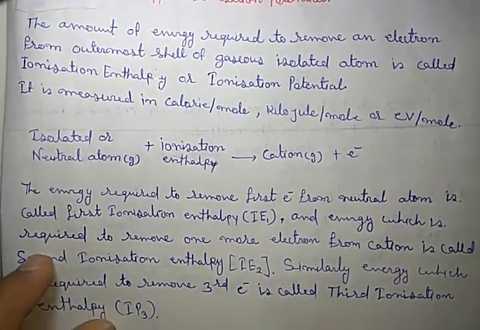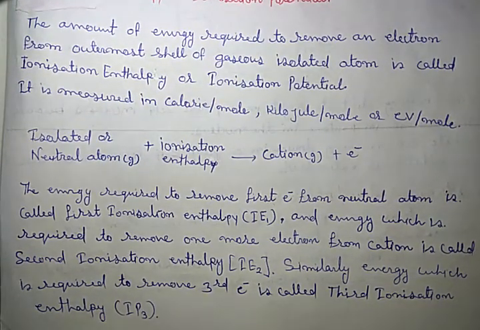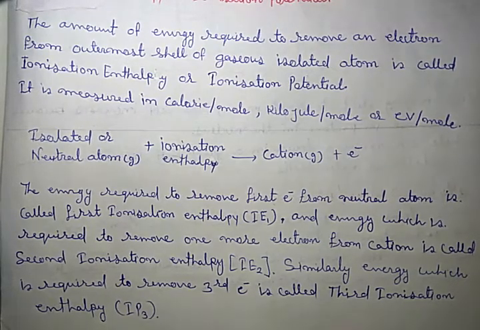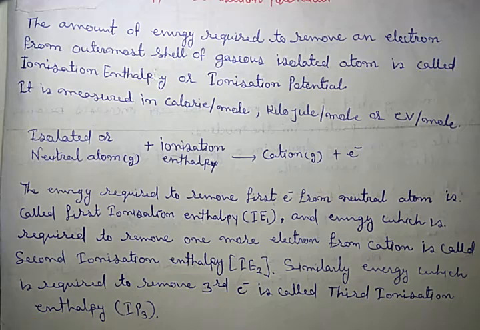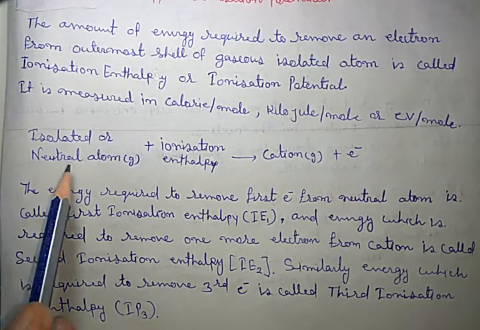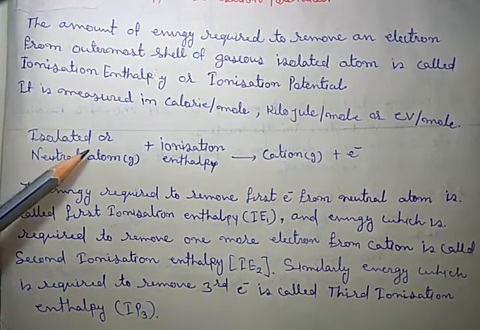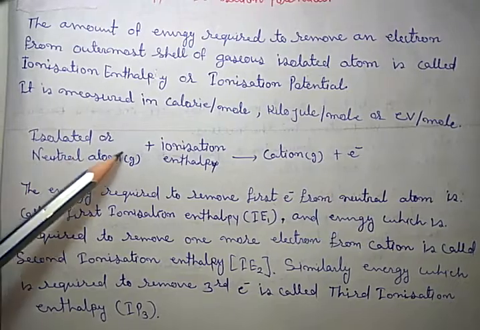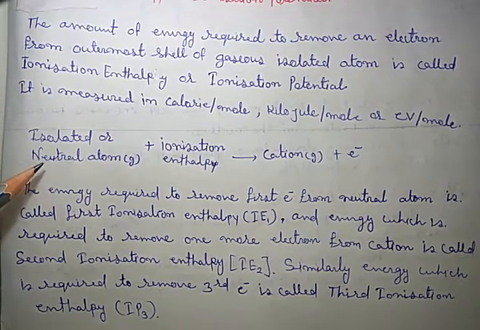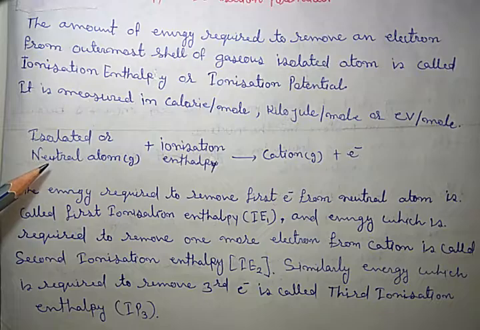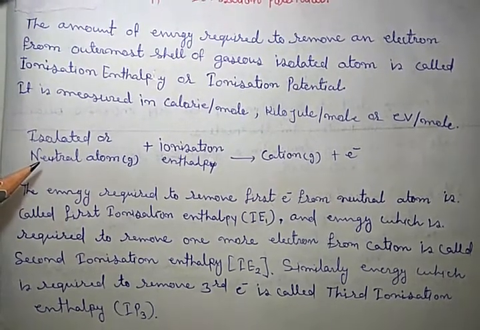Got it? Now there are different kinds of ionization enthalpies, based on how many electrons, and which number of electron, is removed. Here is the general equation showing an isolated atom or neutral atom in gas state.